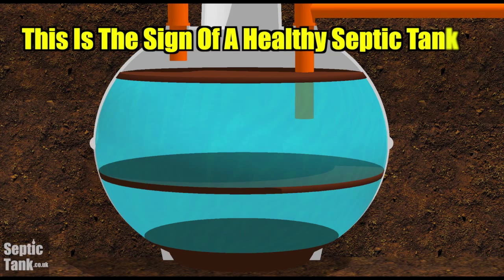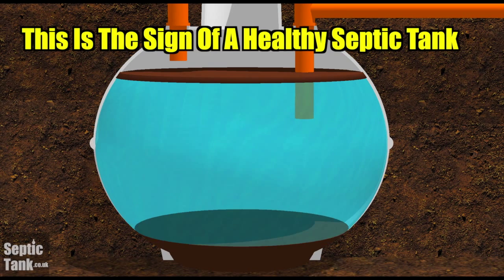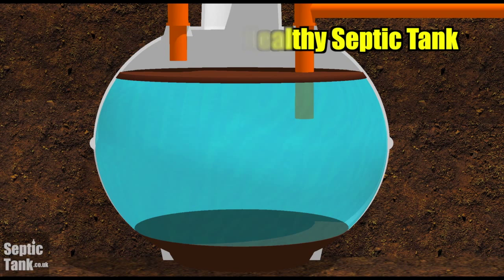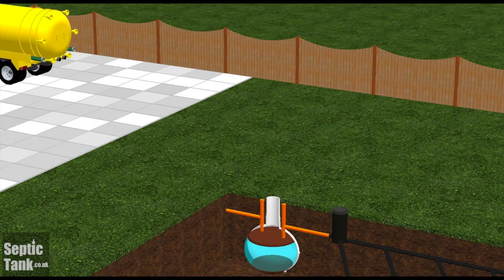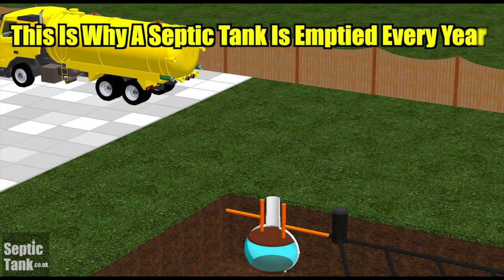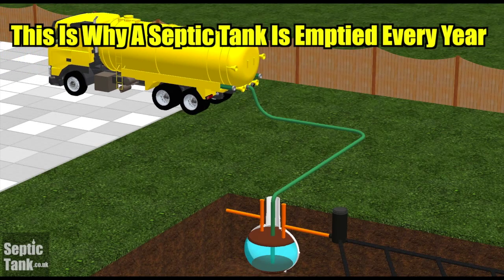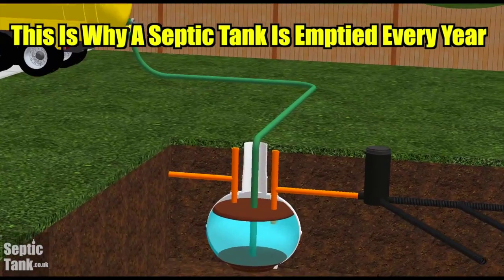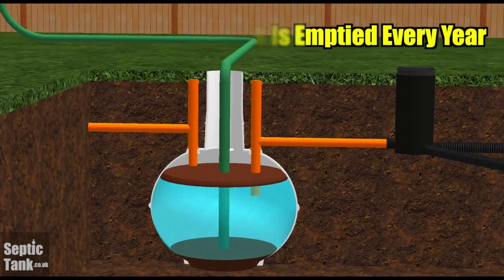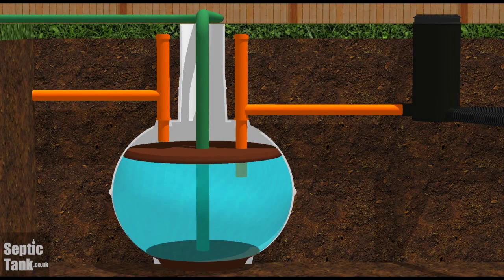This is a sign of a really healthy septic tank system. And that's why every 12 months a septic tank needs emptying or desludging to get rid of all that sludge. A typical septic tank emptying can cost anywhere from £100 to £200 each time.